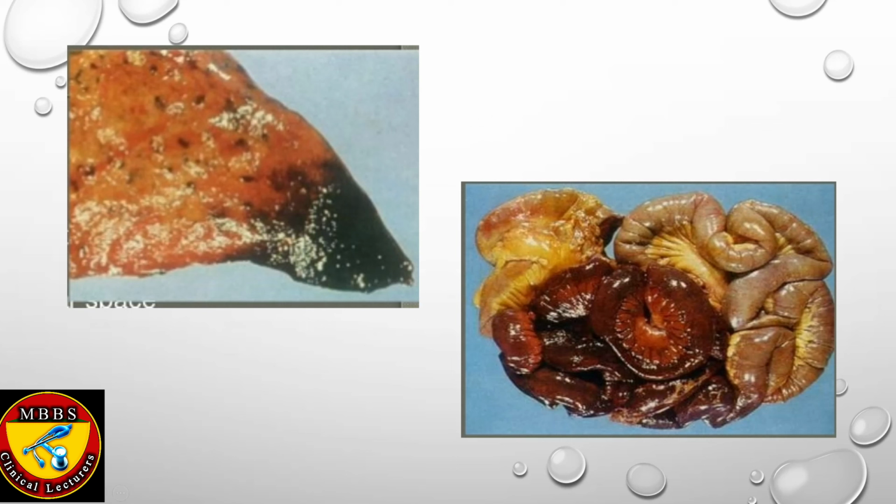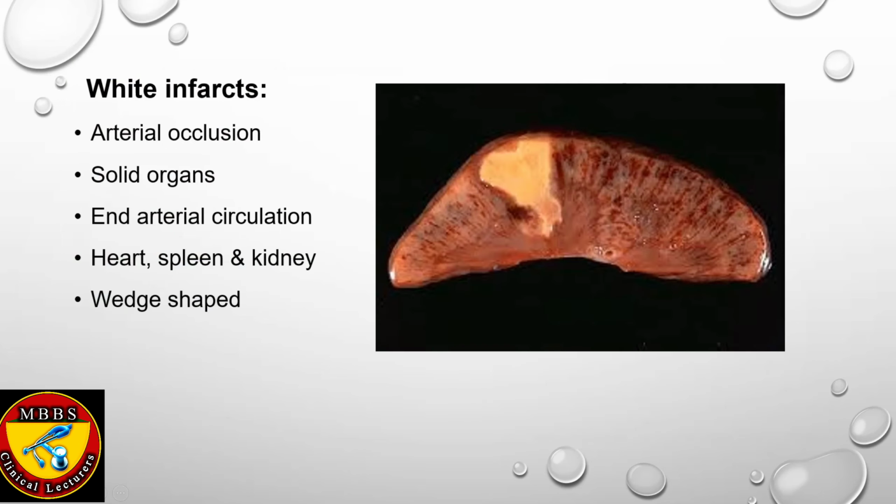Here is the picture of the lung, and this is the red hemorrhagic infarct seen over here. This is the picture of intestine. These are the normal intestinal folds, and this loop of intestine is red and showing red hemorrhagic infarct.